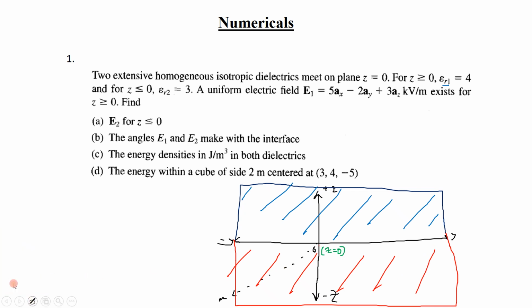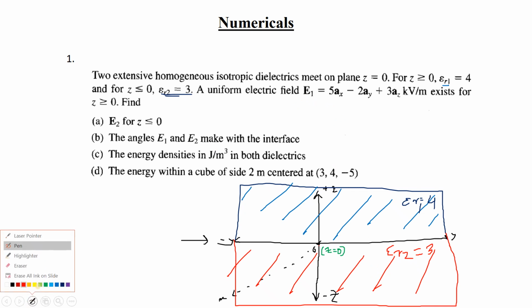They are meeting at this particular point where z is 0. So this is the boundary, z equals 0. Now medium 1 has a permittivity of 4, and medium 2 has a permittivity of 3. So two different dielectric mediums are there.